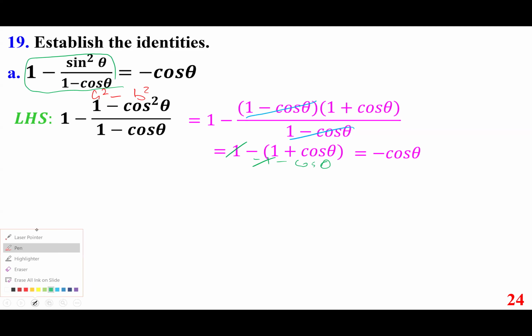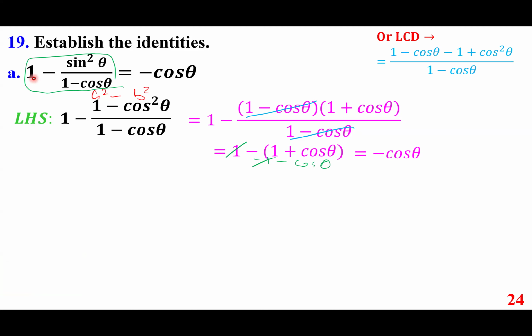which is 1 minus cosine theta. So you change this to 1 minus cosine theta. And minus sine squared. That means minus this one. Minus 1 plus cosine squared. So again, this one and this negative one cancel each other. These two cancel each other.